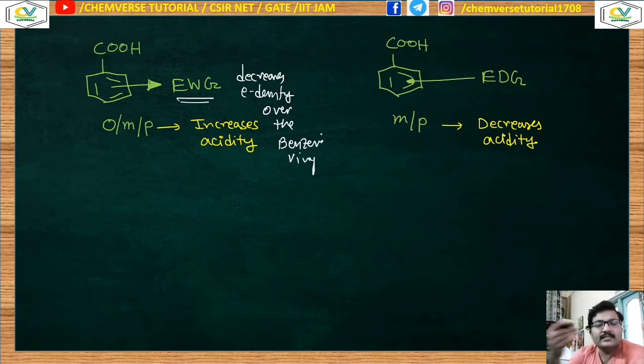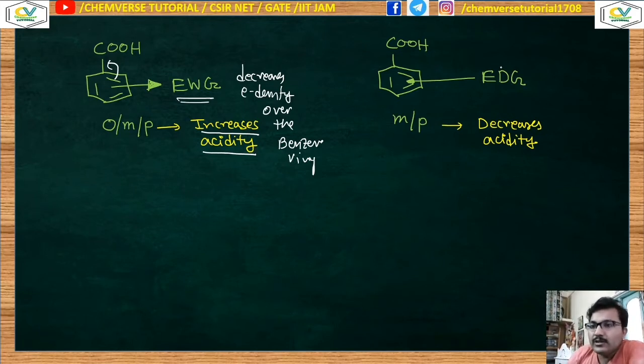If it decreases the electron density over the benzene ring, then the electron donation that was occurring from the benzene ring to CO2H, the donorability, will be decreased, because now the benzene ring has less electron density. If that kind of electron donation decreases, then automatically the ease of proton donation will increase. That means this will increase the acidity, and it is reflected experimentally also. So it matches with our expectation.